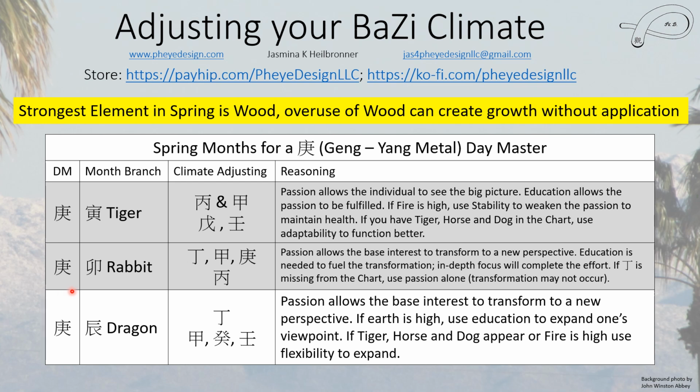Now, for a Gung daymaster born in the month of the Rabbit, again, it's passion, but it's passion based on transformation. That is, it's not so much a theoretical thing. You actually usually like working with your hands or working to create something that can be transformed into reality, into something in real life.